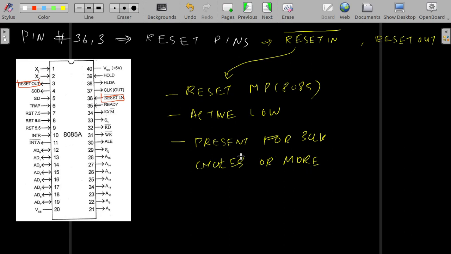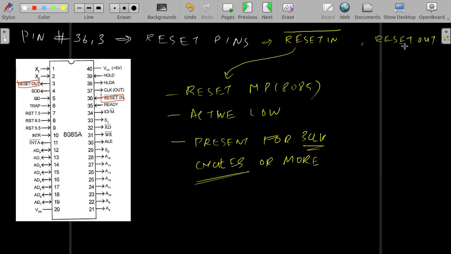That is, once you give a low input to the reset in pin, for the processor to consider it as a signal for resetting the processor, it should be present for 3 clock cycles or more. And what happens when you reset? All the registers and stack and memory and things like that will be reset.